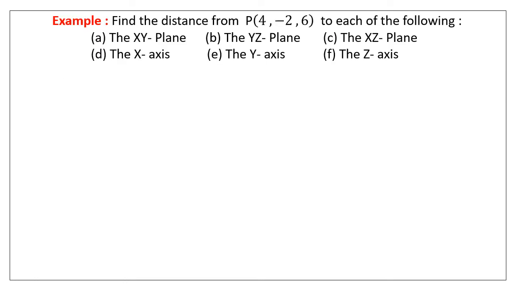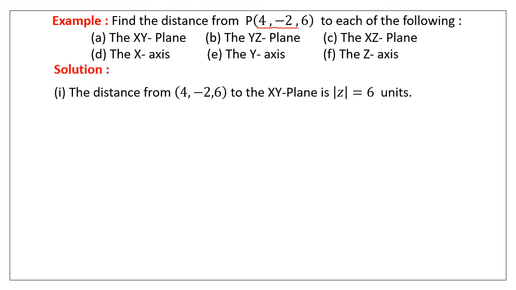See example: find the distance from (4, -2, 6) to each of the following. Solution. First, we find the xy plane. The distance from (4, -2, 6) to the xy plane is nothing but mod z, which equals 6.